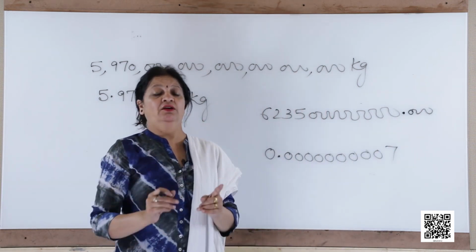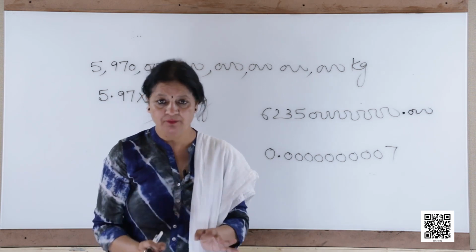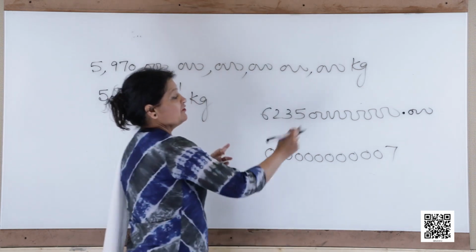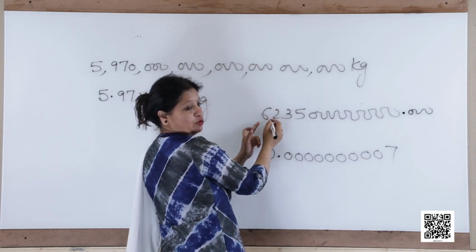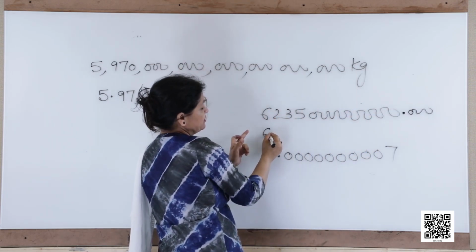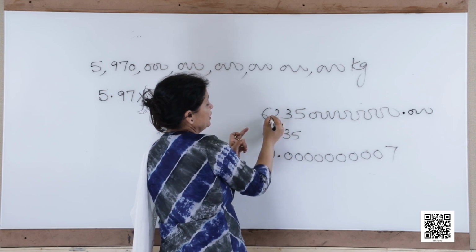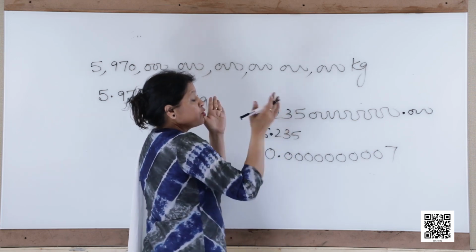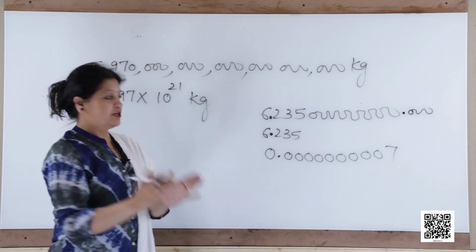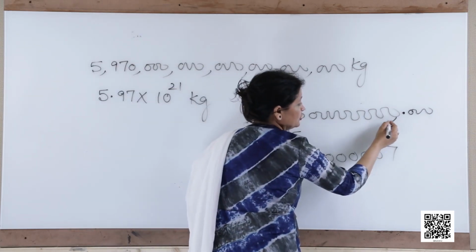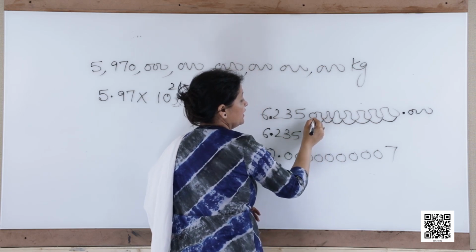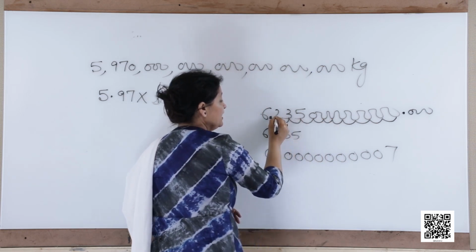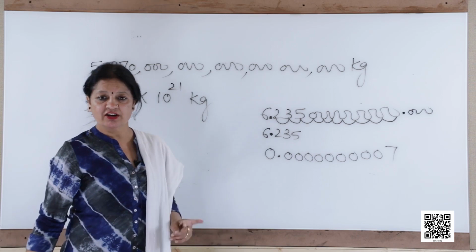So whenever you are shifting the decimal to the left-hand side, as here, we shift the decimal to get 6.235. Count the numbers in between: 1, 2, 3, 4, 5, 6, 7, 8, 9, 10, 11. 11 numbers are there in between.